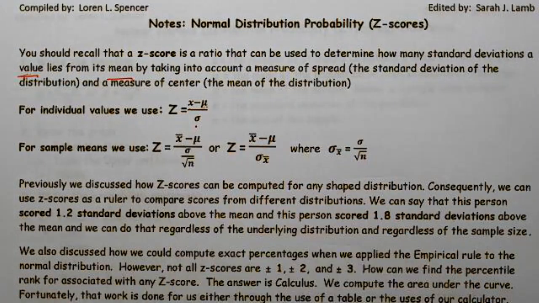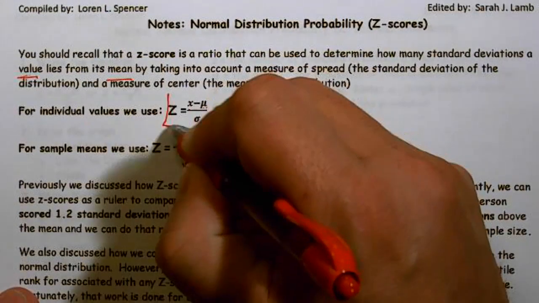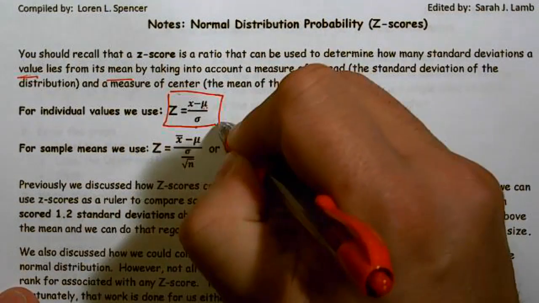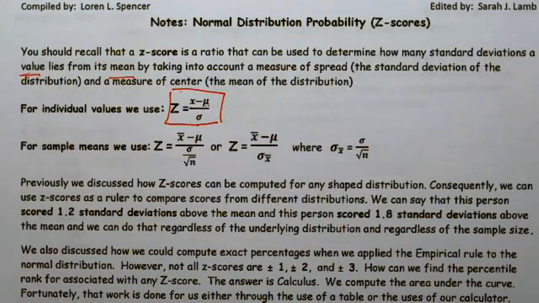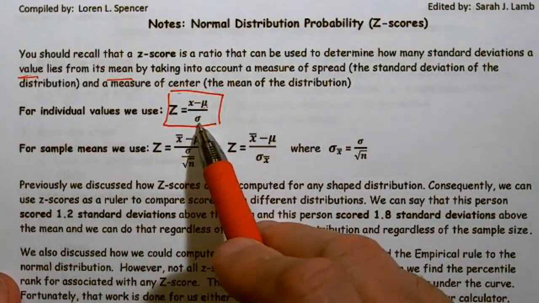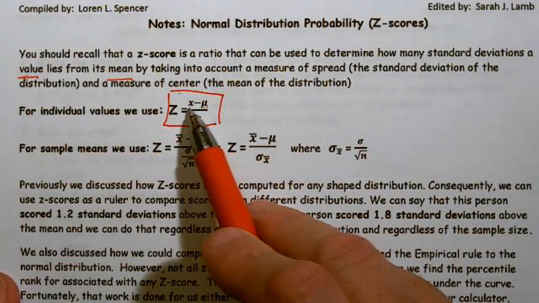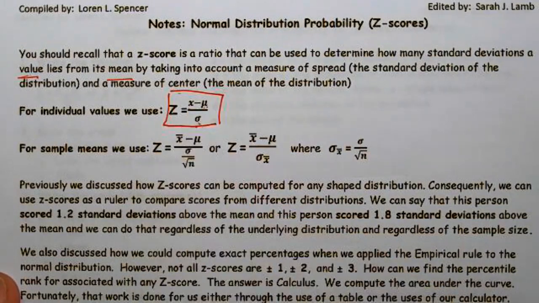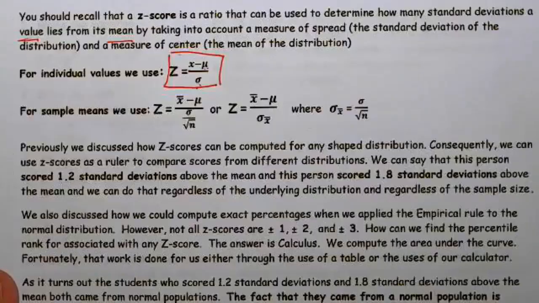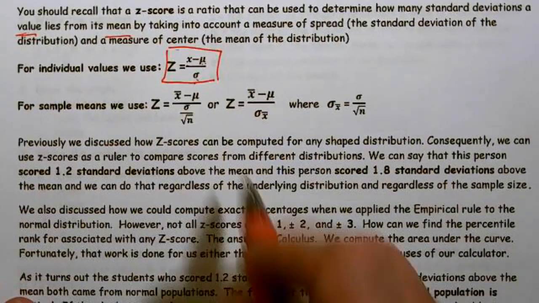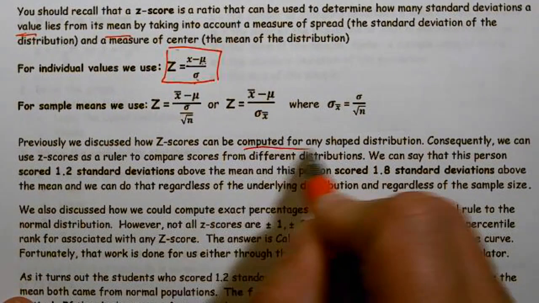And the measure of center will always be the mean for these. And the z-score tells me how far I am away from the mean. All right, so it's relative to the variation or to the spread. So how far a value is from the mean relative to the spread. And we also said that z-scores can be calculated for any shape distribution.